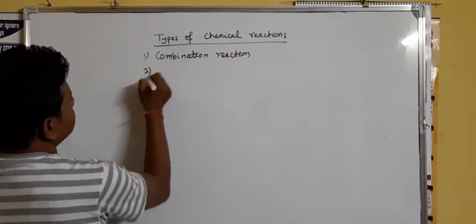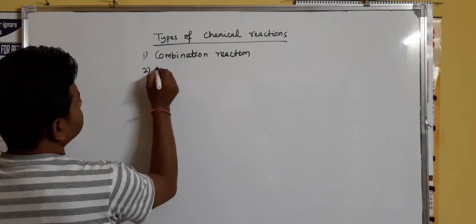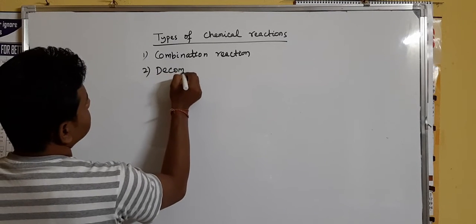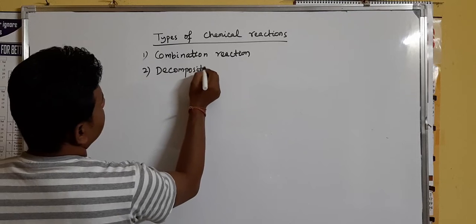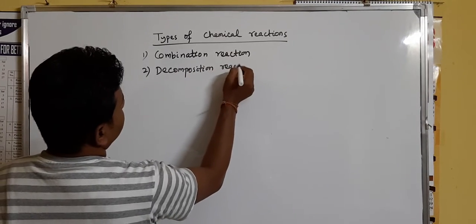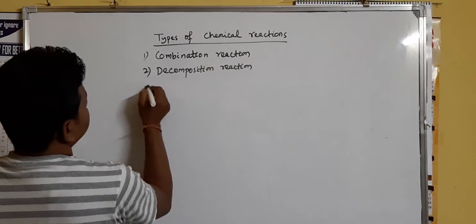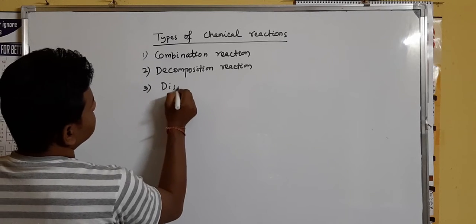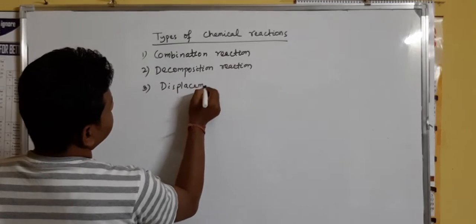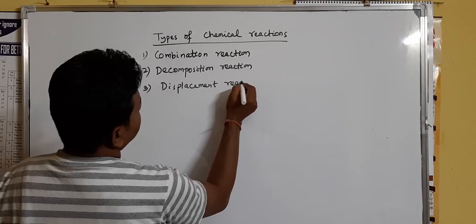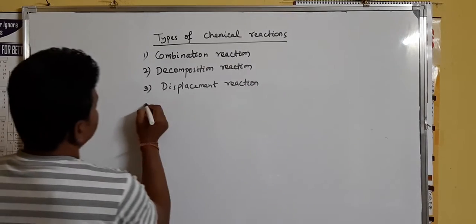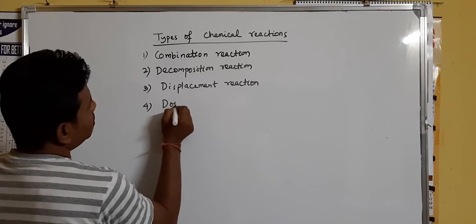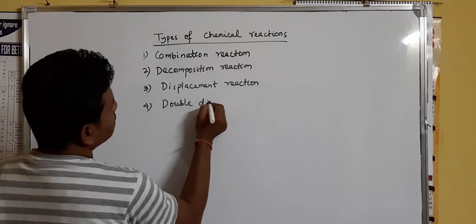The second type of chemical reaction is called decomposition reaction. Number 3, displacement reaction. Number 4, double displacement reaction.